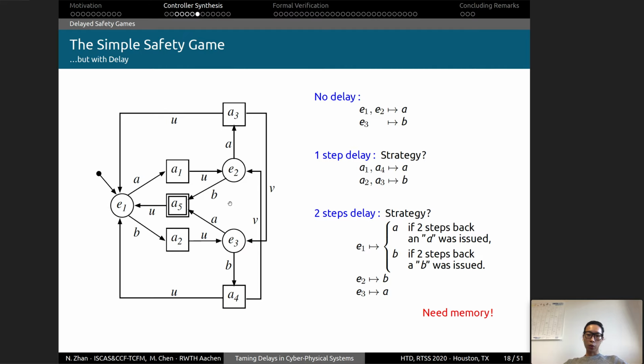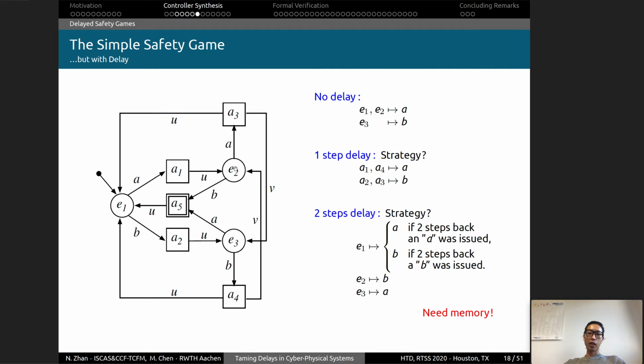However, if player one still wants to win, there is a way, that is to introduce some memory for him. For example, if we have the memory that at state E1, player one actually chose A, then at E2, we will know that we are at E2.